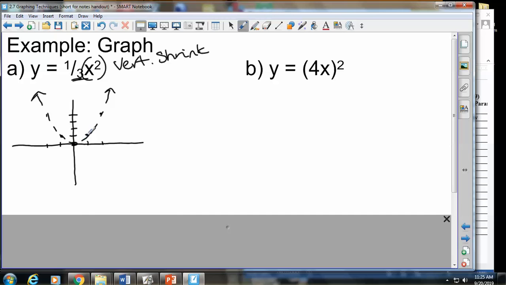This is a y value of 0, 0 times a third is still 0. This is a y value of 1, 1 times a third is 1/3. This is a y value of 4, 4 times a third is 4/3. Same thing over here. You can write them out if you need to, or just talk through them like I did. But we see that vertical shrink is making our parabola get fatter.